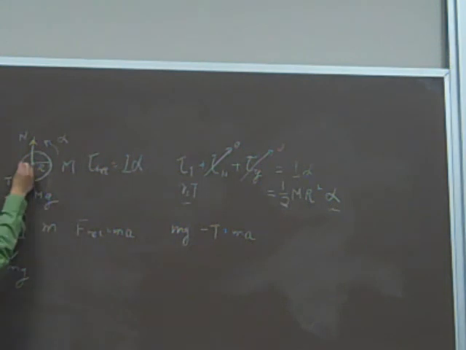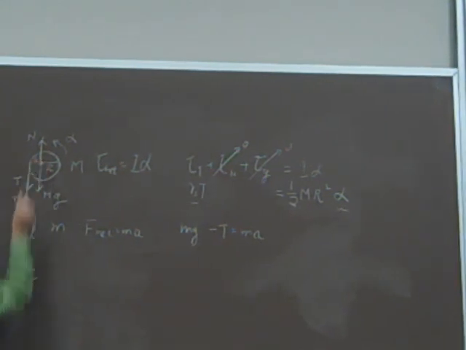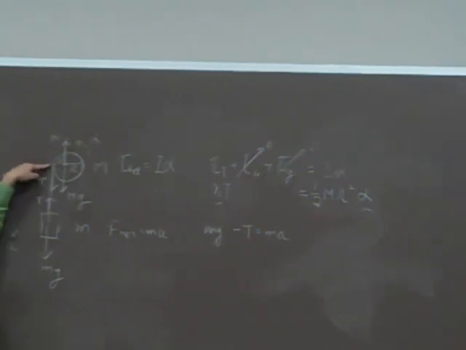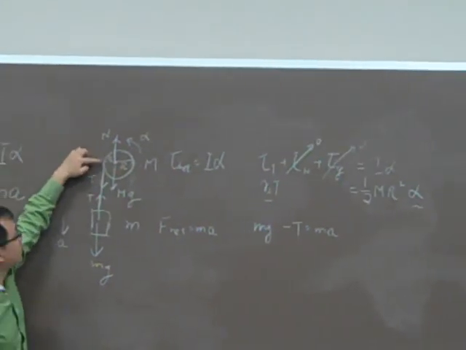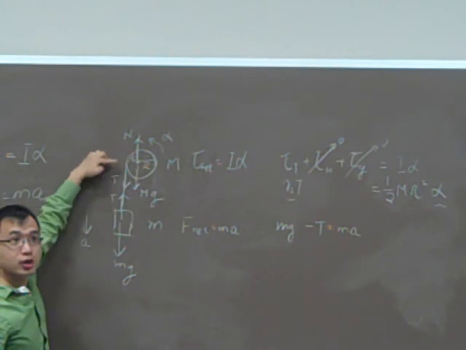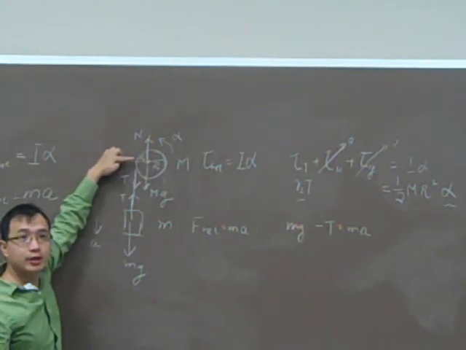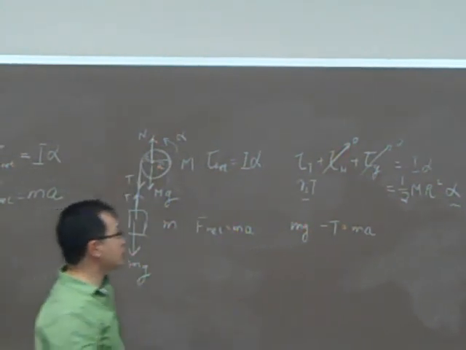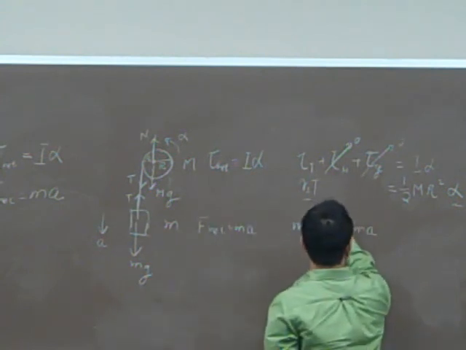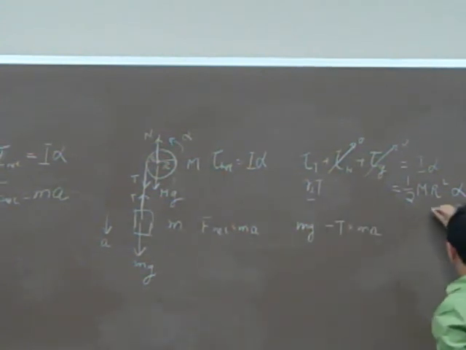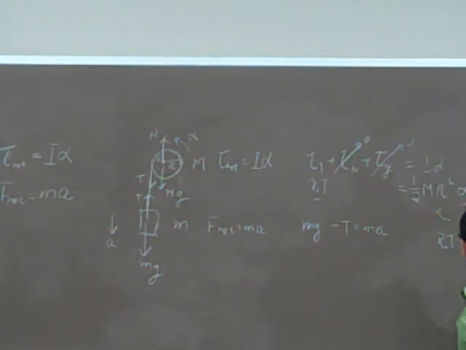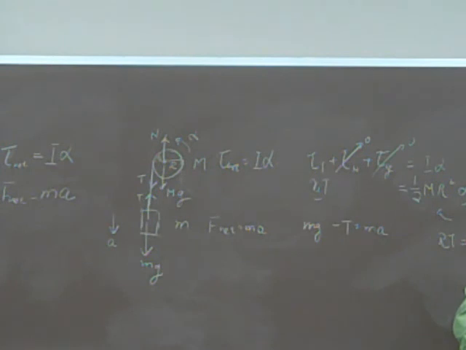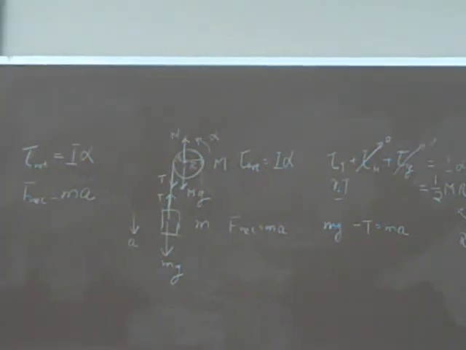If you draw this R and the R perpendicular, it will be the same straight line, same distance, because the tension is perpendicular to the line here. So this equation becomes RT equals 1/2 MR squared multiplied by alpha.